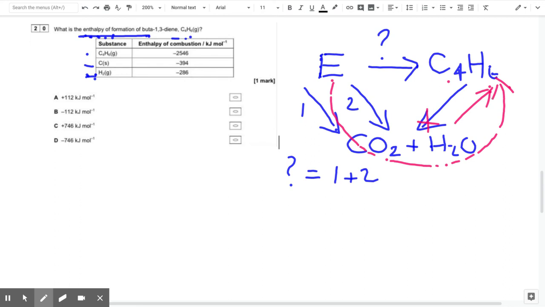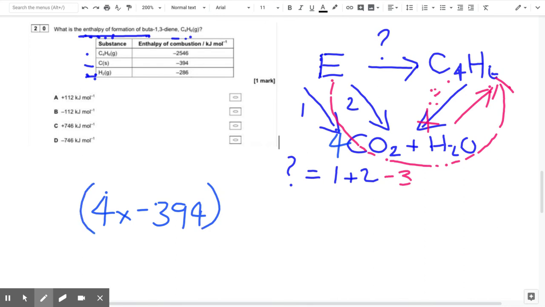So for the final number, arrow 3, it's going to be a subtraction. We're going to minus whatever that value comes in as. And then what we need to do is just number crunch this data. In order to calculate the carbons, there's 4 carbons in that molecule, so we're going to end up with 4 carbon dioxides. So arrow number 1 is going to be equal to 4 times minus 394.